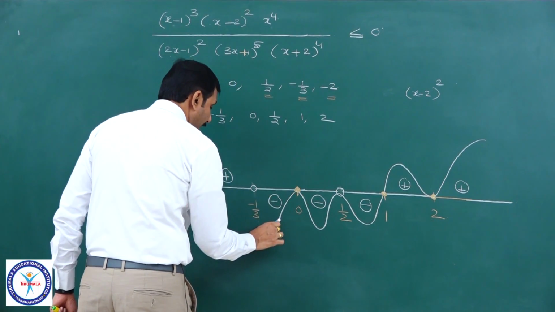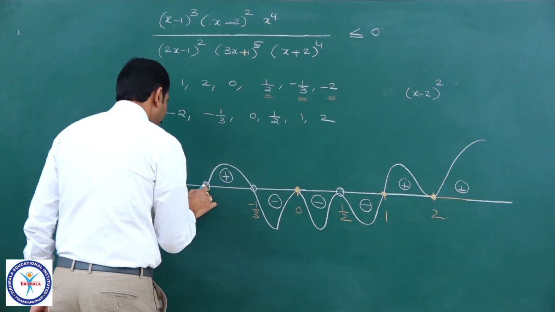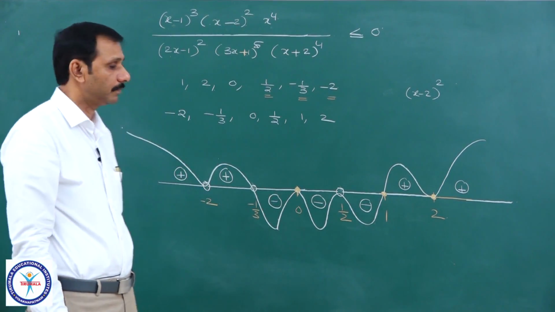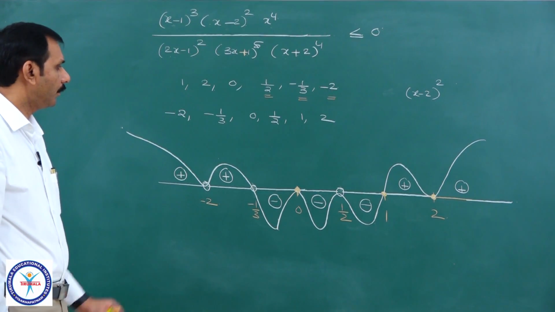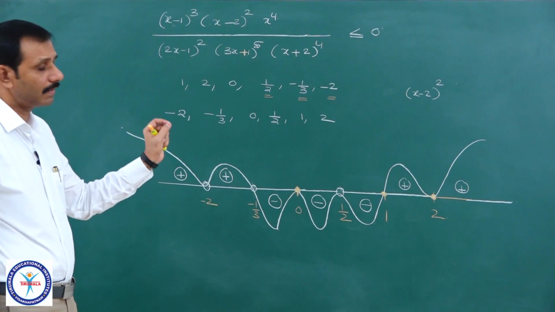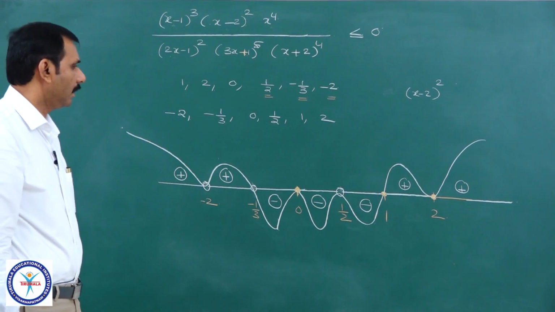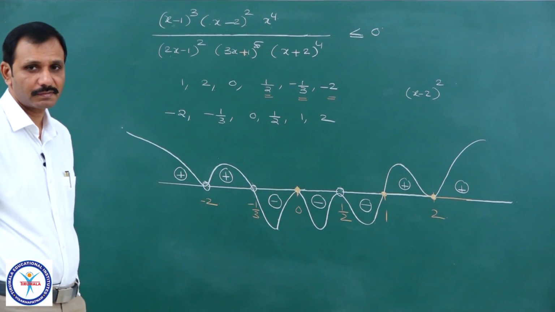But here minus to plus means yes it will cross at this point, and here plus and plus means it will remain on the same side. This is our wavy curve. If you are clear with the basic points we have discussed, it is very simple to draw and very simple to write the solution of this one.